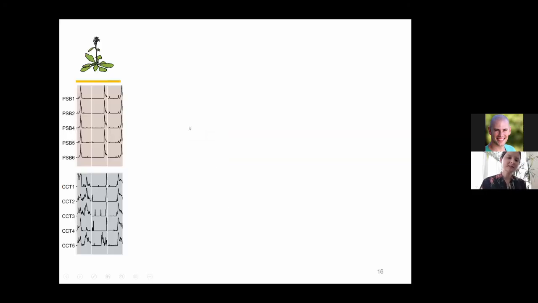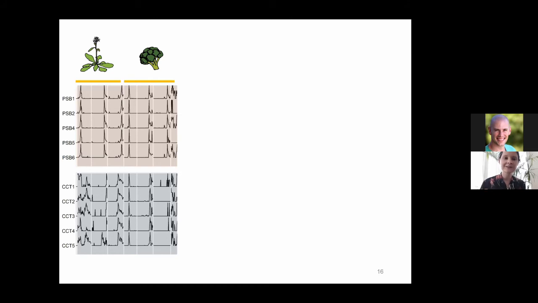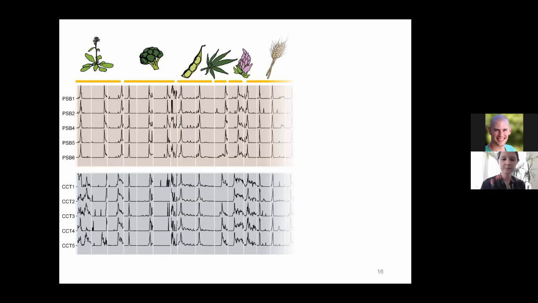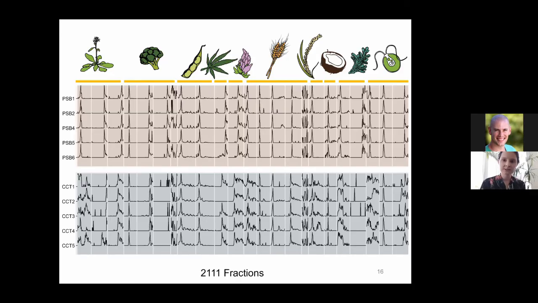Okay, so these are the 3 fractionation experiments I showed you from Arabidopsis. Because we have this common key of this orthogroup identifier, or all the paralogs of PSB1 across all the species, we can then concatenate all the species into one long profile, which is 2100 fractions.